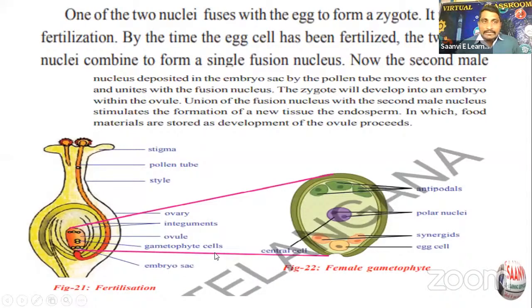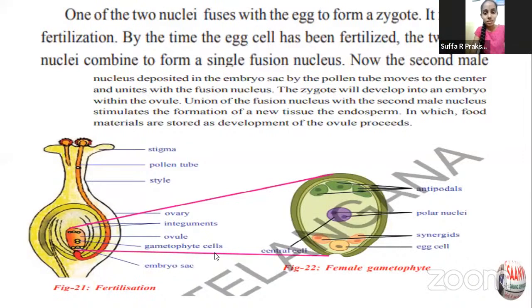What is fertilization? Okay, Prakshipta, please unmute. Fusion of male and female gametes. Okay, repeat once again loudly. Fusion of male and female gametes. Okay, fusion of male and female gametes. That is fertilization.